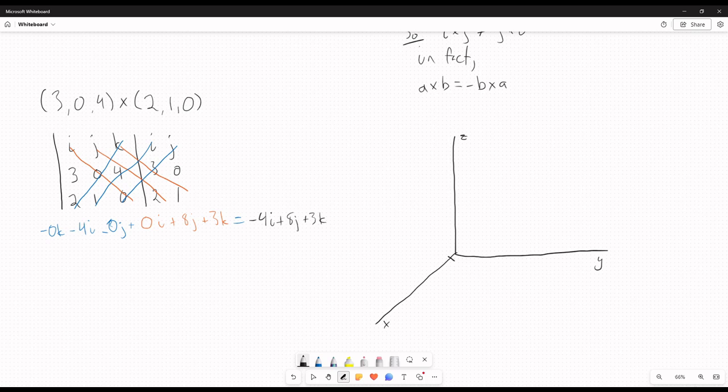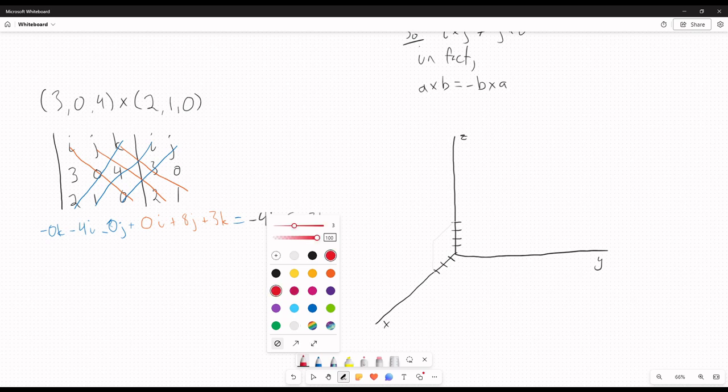So we'll have 1, 2, 3. I did make sure there were some zeros in here so that it was a little easier to draw. So we'll have one vector going like this. Oops, let's try to get that a little better. We'll have another vector, which is 2, 1, 0.